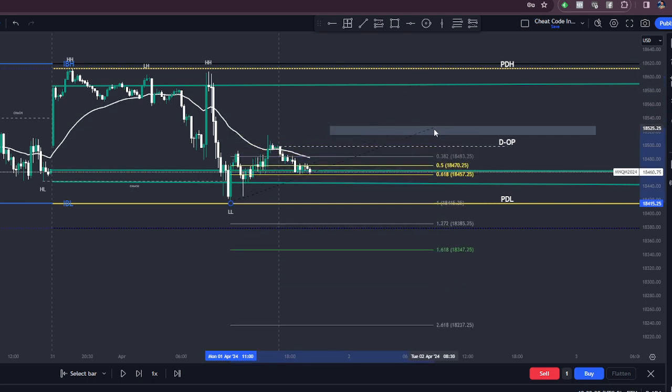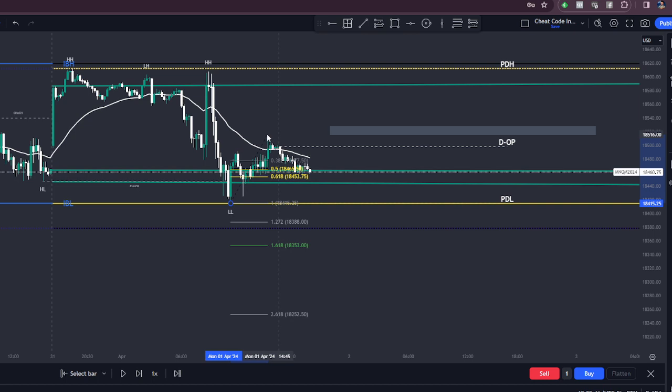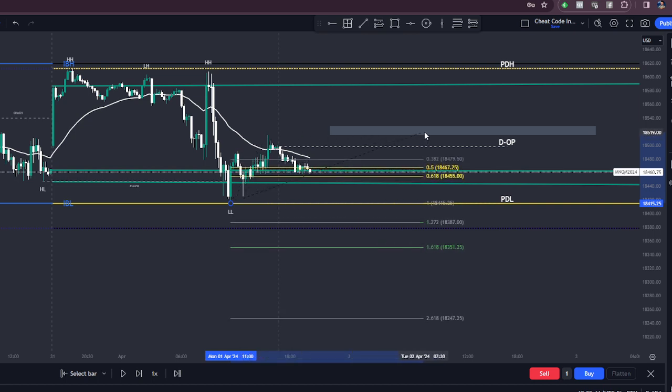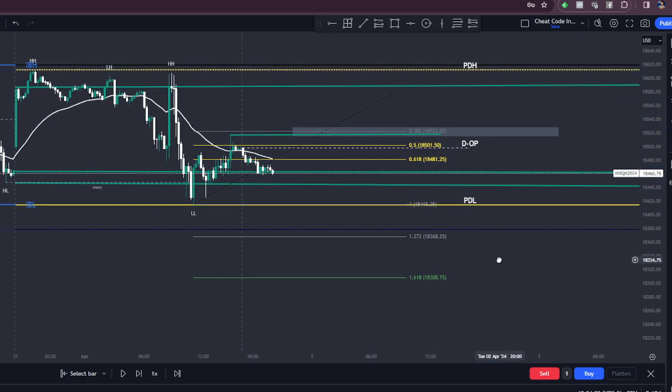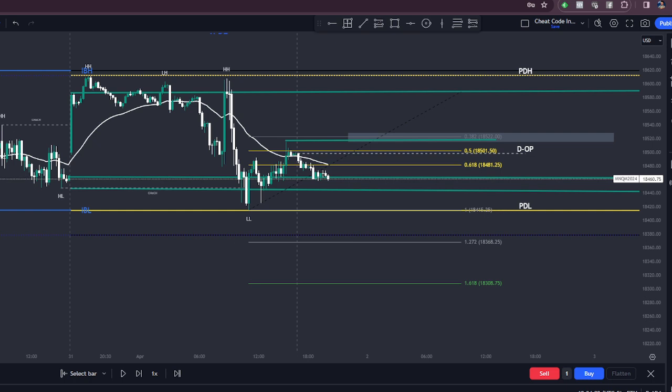So I'm going to use that area, which is right around, now you could play around with it. Like, this is subjective, okay? I'm going to do this because again, I'm looking to go short and I'm looking to break this low. Right, we want to break this low. We want price to do something like this, and then we want to take profits there. Let's see if that happens.